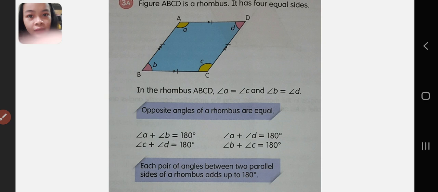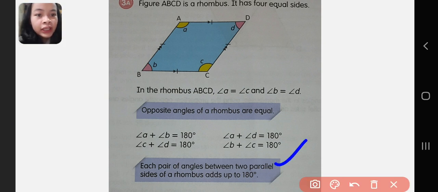Remember, like this box here, each pair of angles between two parallel sides of a rhombus add up to 180 degrees. Or we can simplify that as angles that are in the same line add up to 180 degrees.